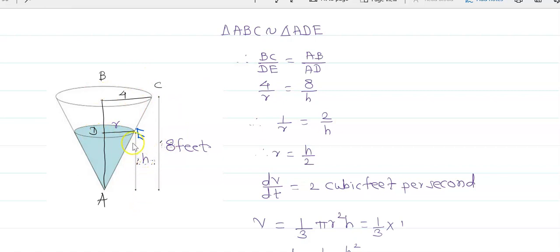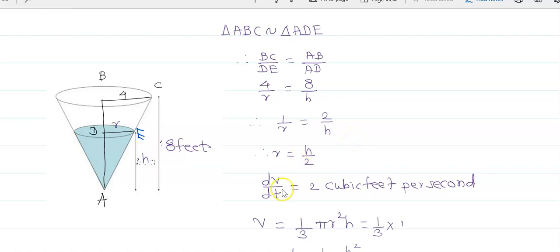Now we know the value of BC, that is 4, and DE is R. Again, AB is equal to 8, that is the total perpendicular height, and AD, that is at that moment, is H. Therefore, we have 1 upon R is equal to 2 upon H. Therefore, R is expressed in terms of H. R is equal to H upon 2.